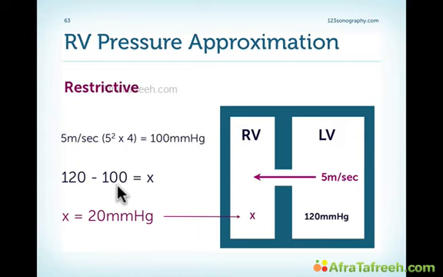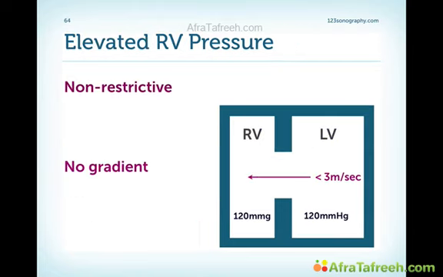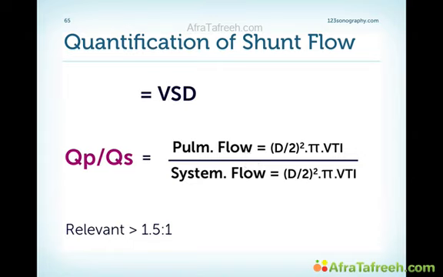So we should be careful with these calculations, and accurate measurement of the right ventricular pressure is probably not possible by this formula. As mentioned before, in the patient with non-restrictive VSD, large VSDs, we have low velocities, less than 3 meters per second.